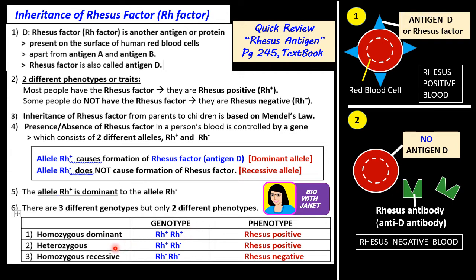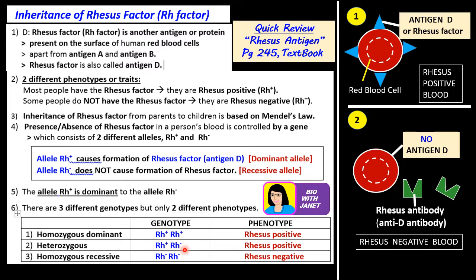There's another type of person who is heterozygous, meaning he has one dominant allele, Rh positive, and one recessive allele, Rh negative, in each of his diploid cells. So why are there two alleles? One is given by the father and one is given by the mother.